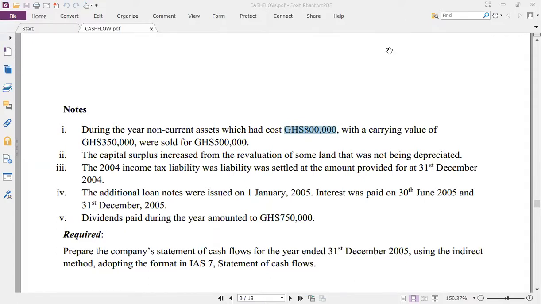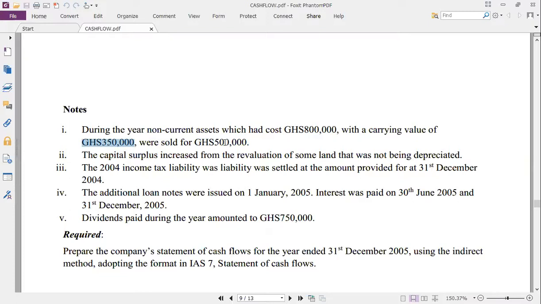So we have to find the profit or loss on disposal. The asset was sold for 500,000, but the carrying amount was 350, agreed? So there was a profit of 150,000, which must be reversed for two solid reasons.